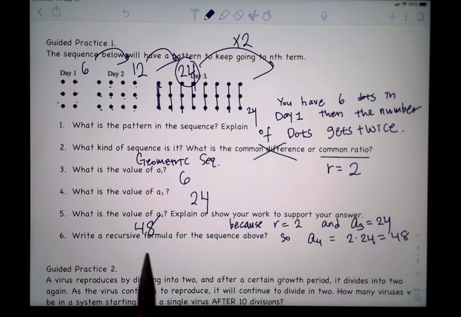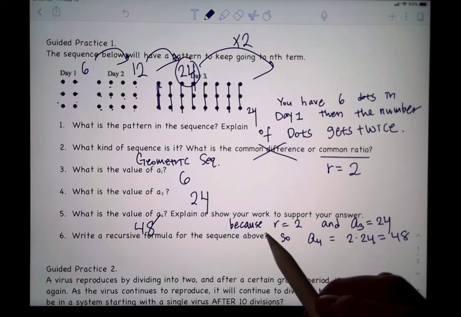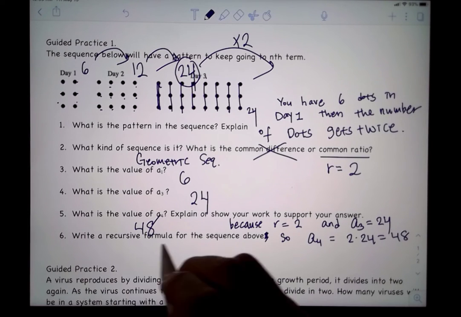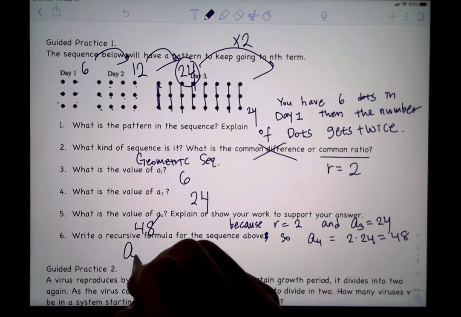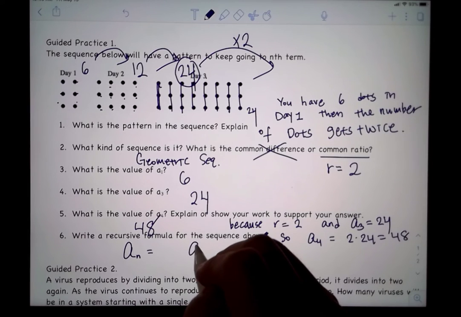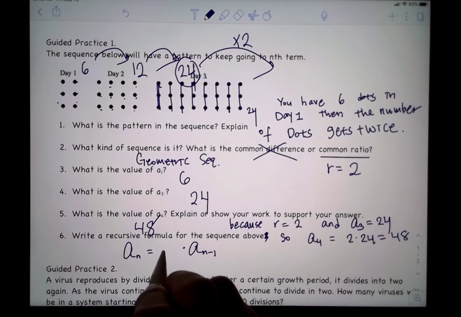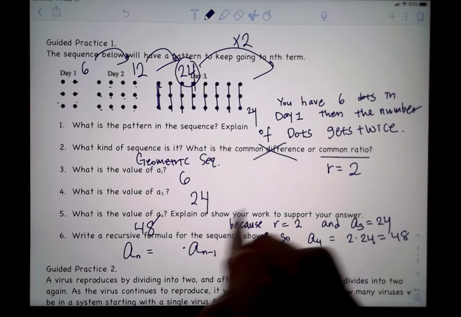Write a recursive formula for the sequence above. Why is there a question mark? Erase it. For that one, we just write the recursive form, right? So the recursive formula is an equals an minus 1 times, and what do you need here? Your common ratio, right? My common ratio is 2.